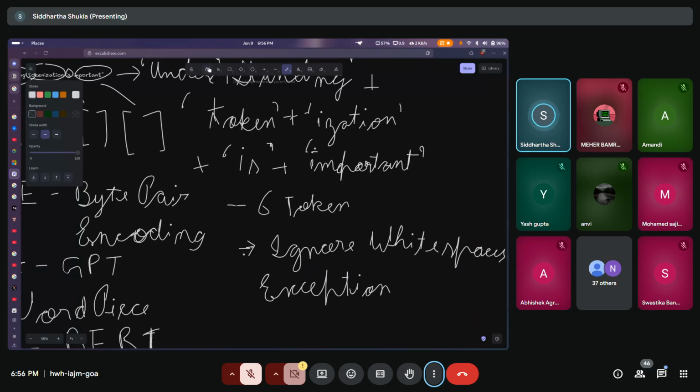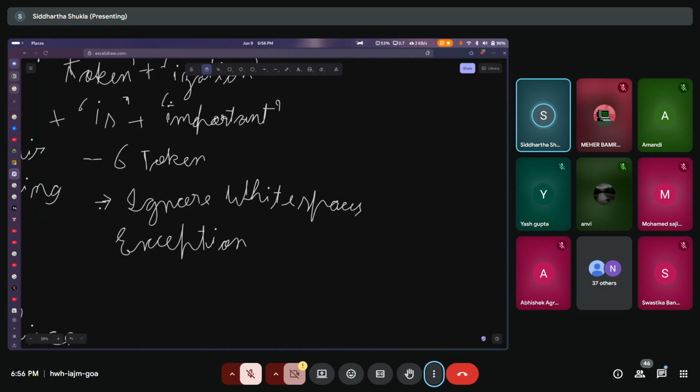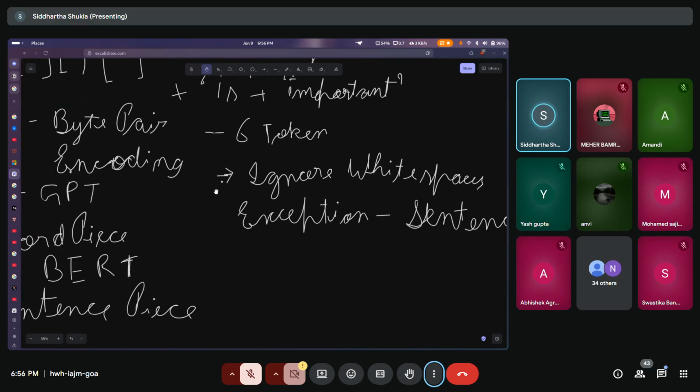So that's how tokenization techniques work. Okay, so exceptions. First, let me quickly write the exception for this one. Firstly, let's just start with WordPiece.